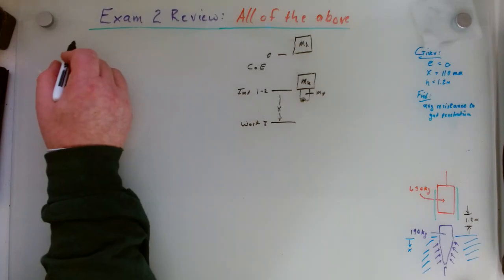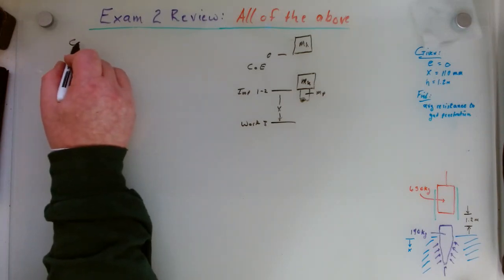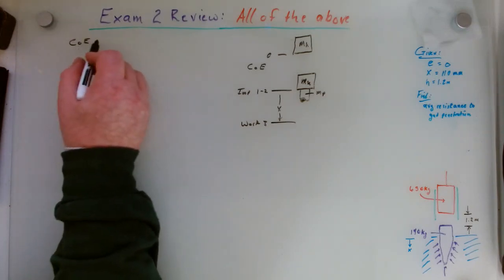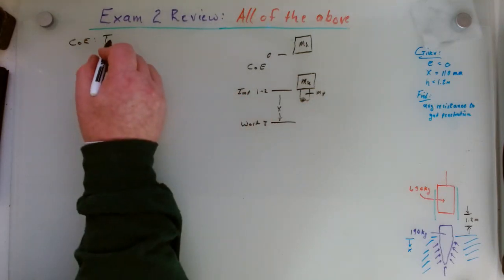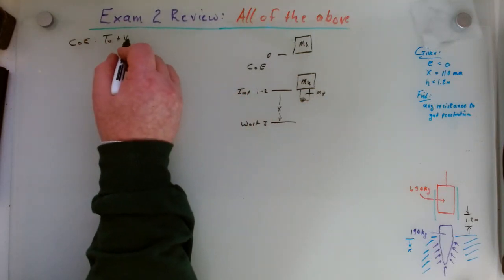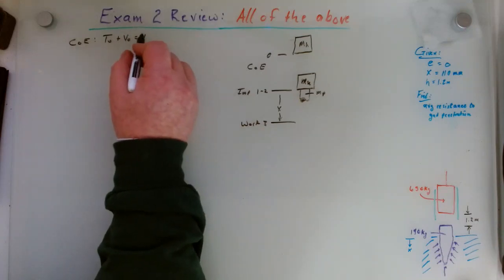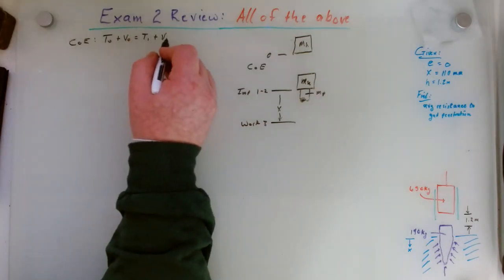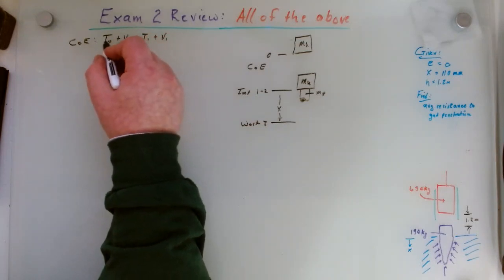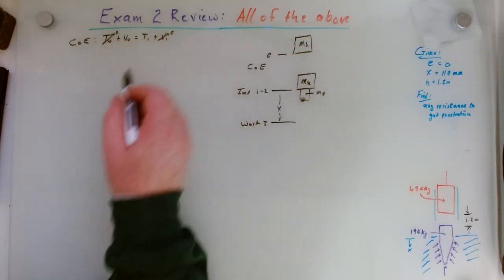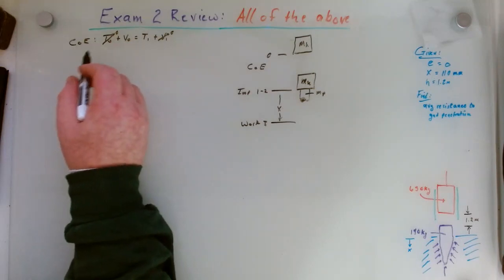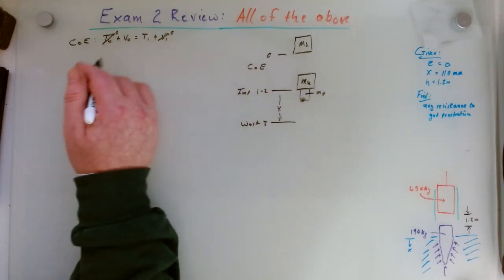So we'll start with our conservation of energy, and our equation there. Now that we have subscripts, we'll use them. So T naught plus V naught equals T1 plus V1, right? And again, we start with no kinetic energy. We end with no potential energy. So what is V naught?